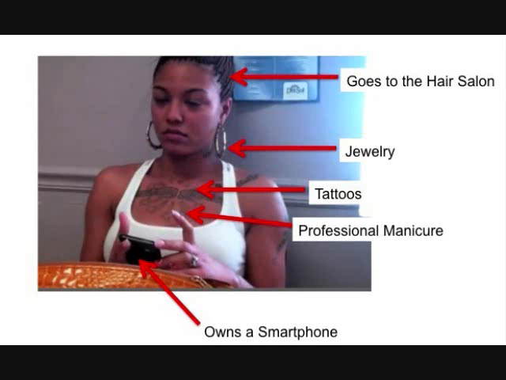But what happens when you have women that feel that they have no hope? Maybe they dropped out of school. You have some people who value materialistic items like hair salons, jewelry, tattoos, nails, and maybe phones, but they don't desire to get education because they've been told all their life that they can't achieve. They're low achievers.